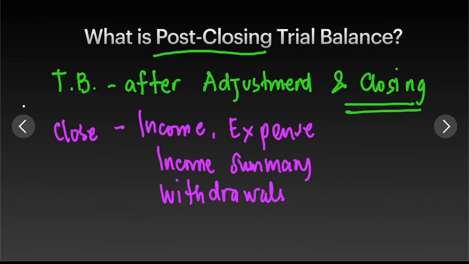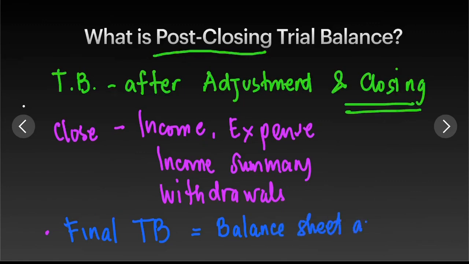So a post-closing trial balance is actually considered to be the final trial balance, and it only contains balance sheet accounts, which are the assets, the liabilities, and the capital account.